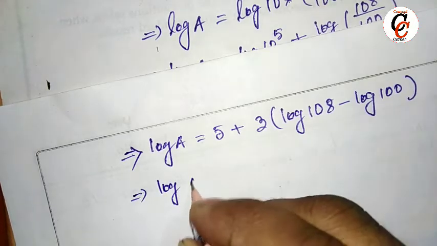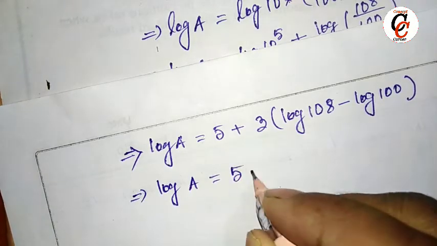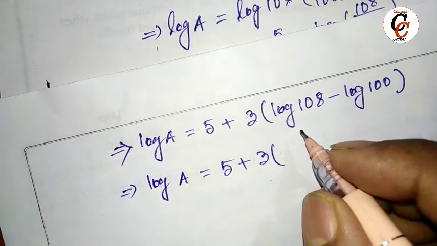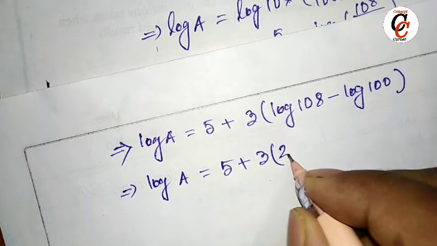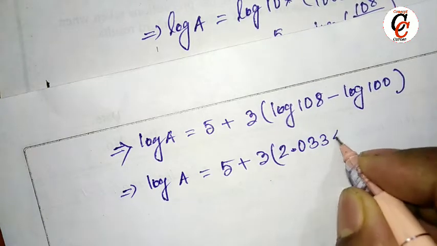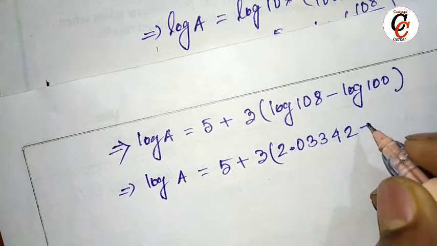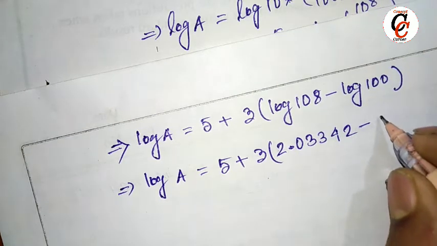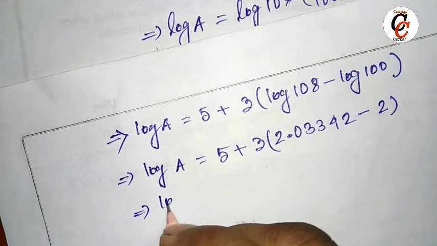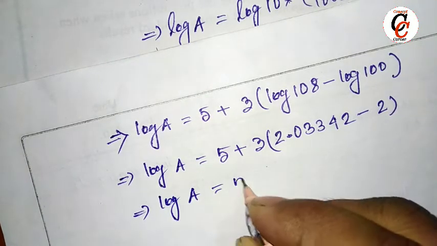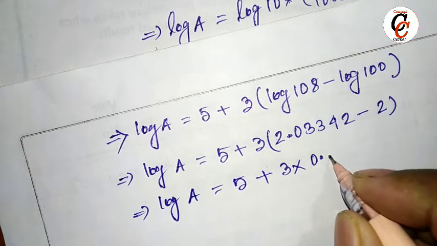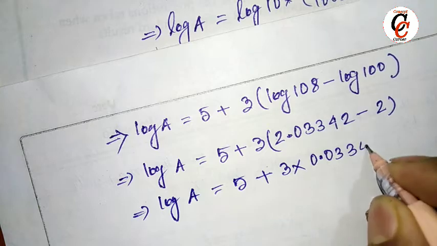Log of 5 plus 3 into log of 108, you will get the value from the logarithmic table, 2.03342, minus log of 100, which is 2. So log of A is equal to 5 plus 3 into, here it will be 0.03342.